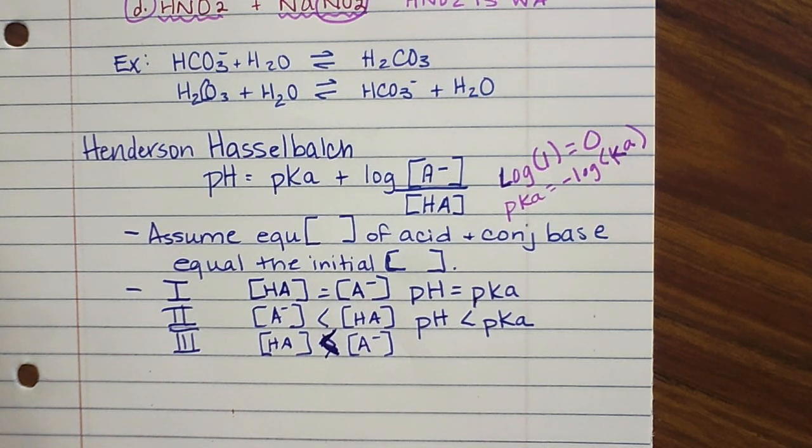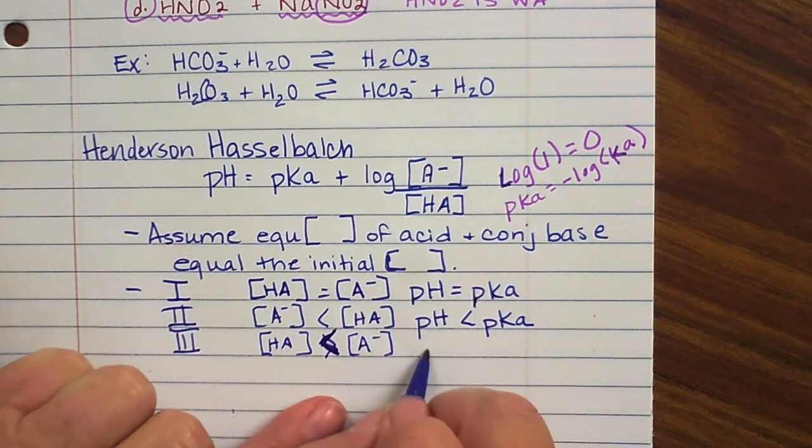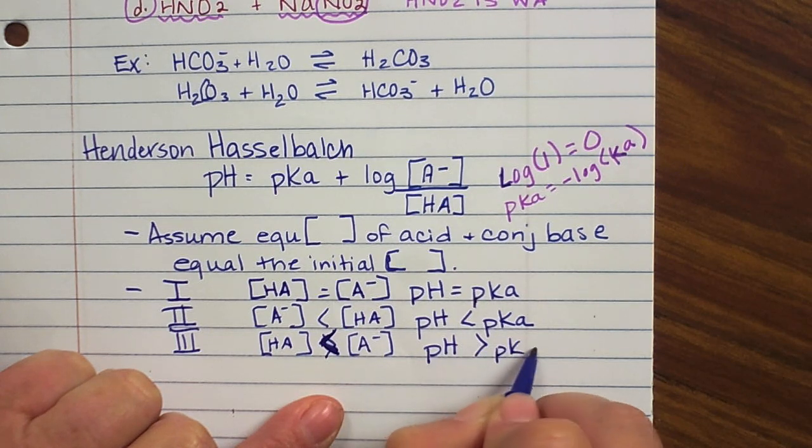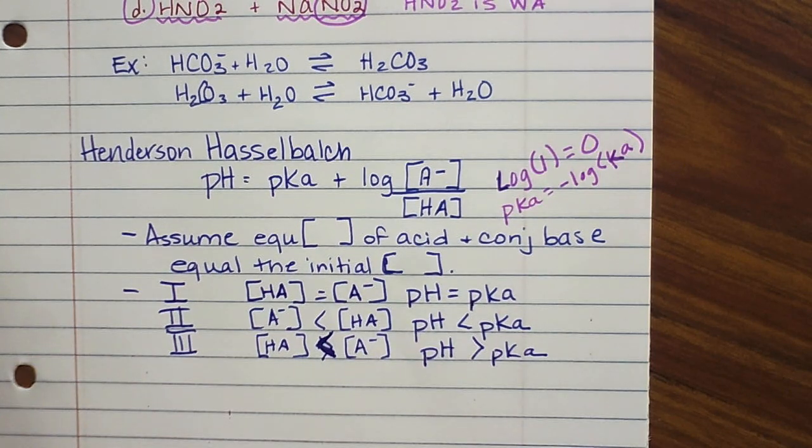And the log of anything that's over 1 is positive. And so now your pH is going to be greater than the pKa, because you're adding the two things together. So this generally is how the Henderson-Hasselbalch equation is used. Numbers are not generally put in, but you can, all right?